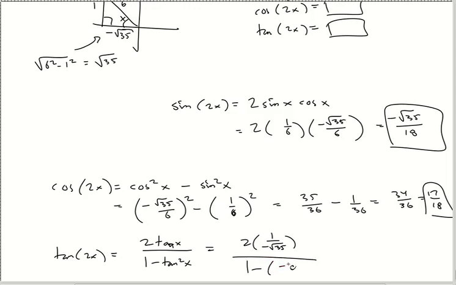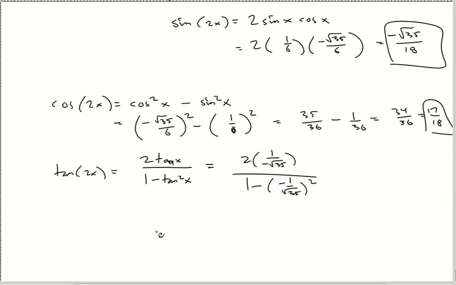In both cases, the negative could be going to the top or bottom. It doesn't really matter. And so I have a negative 2 over the square root of 35, all divided by, and this square is going to cancel 2 negatives, but I have the 1 on the outside is going to be retained. Therefore, I've got a 1 minus 1 over 35. Again, square and square root cancel.